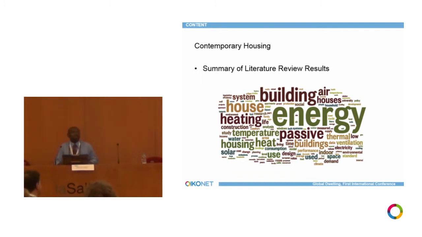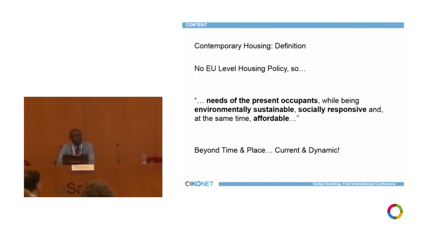But energy seems to be one of the major problems that needs to be resolved in housing provision today in Europe. There is an EU directive, the Energy Performance of Buildings Directive, that addresses energy performance of buildings generally in Europe. However, there is no EU-level definition for contemporary housing.